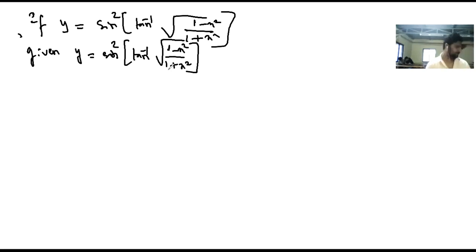How to find the derivative? Here substitution is required. Variable x is mentioned, so substitution is required. What substitution do we have to take?